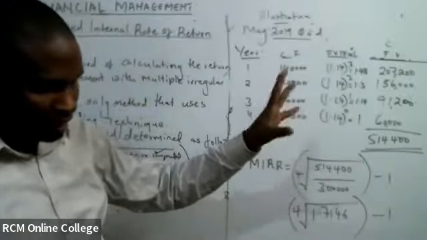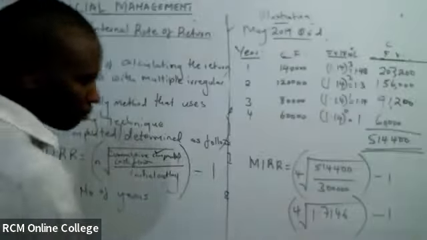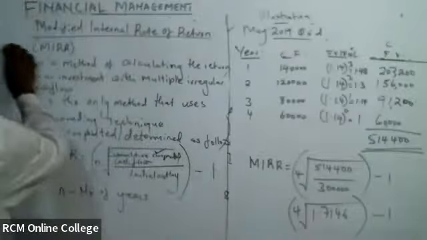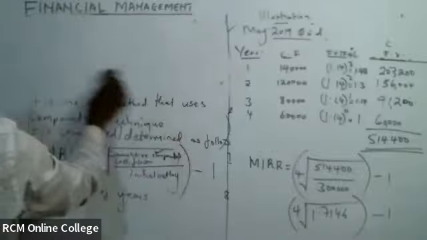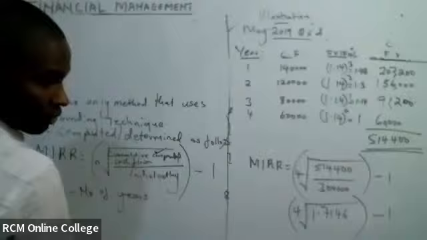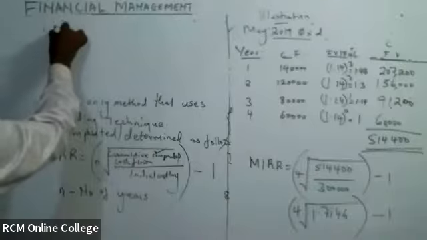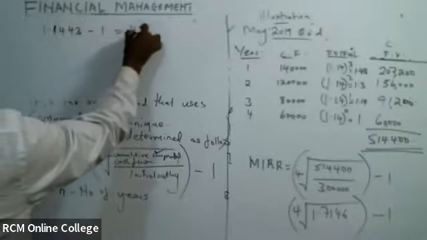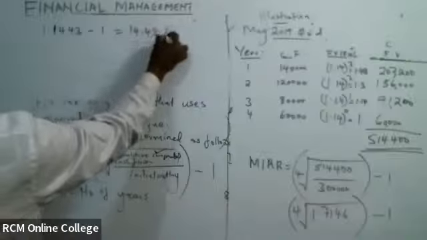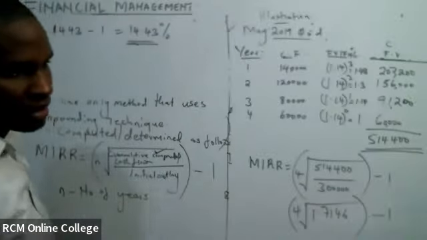I start with what is in the bracket. Body mass, body mass is important. What is the fourth root of that? 4 decimal places. 1.1443. 1.14, that is the fourth root. 43 minus 1 will be 14.43%. My MIRR is that.